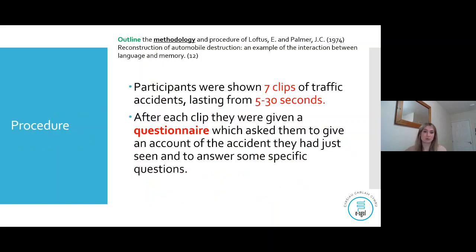What did they do then with this? They were shown 7 clips of traffic accidents lasting from 5 to 30 seconds. After each clip, they were given a questionnaire which asked them to give an account of the accident they had just seen. And then they were asked to answer some specific questions on the accident. Now, the areas that I've put in red on the screen are the specifics of the procedure.